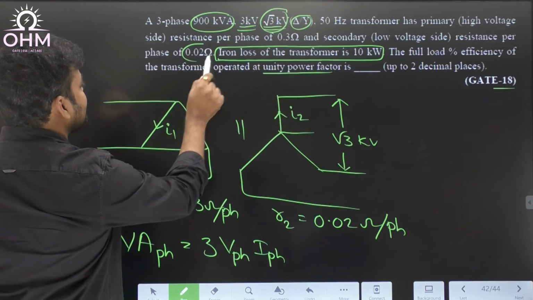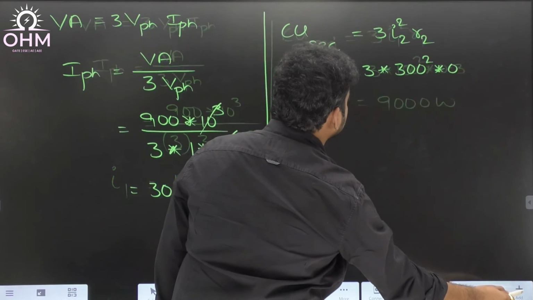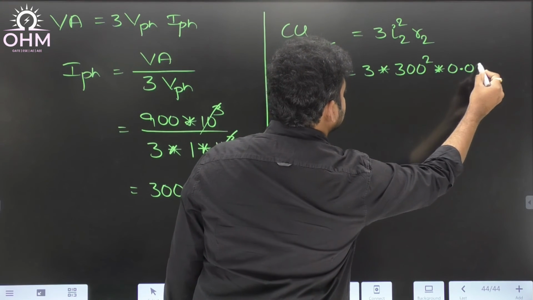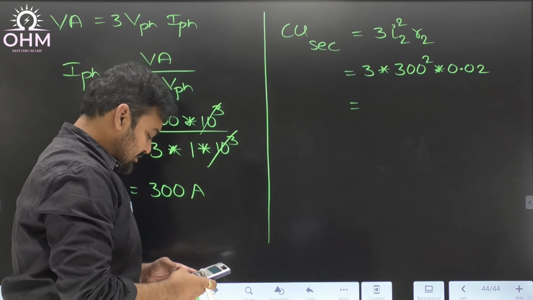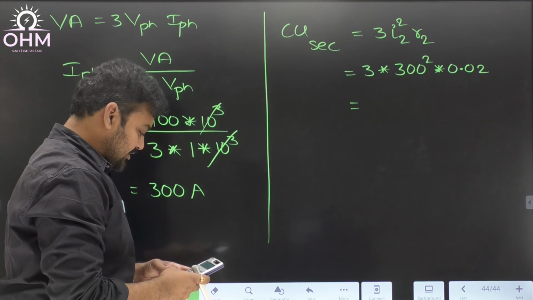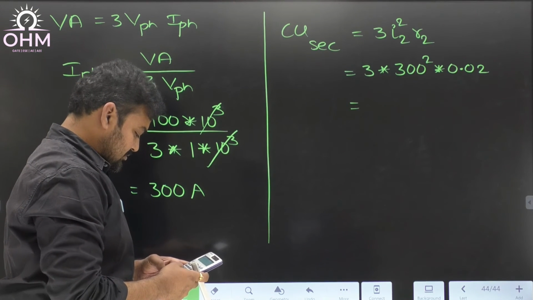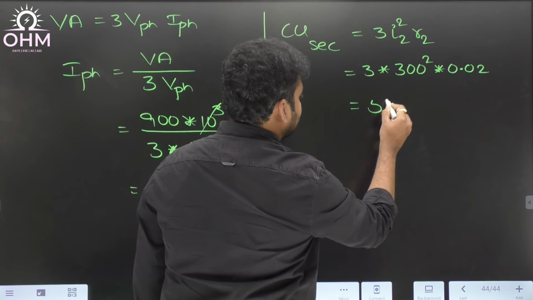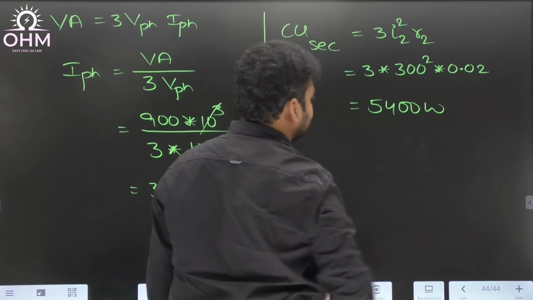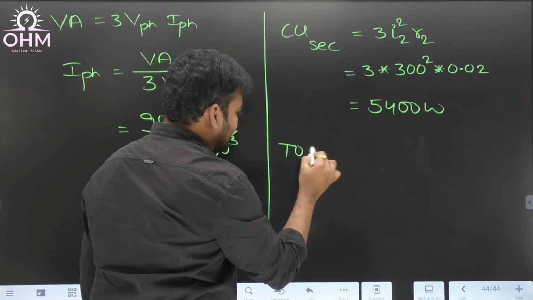Secondary side resistance 0.02, right? Just to solve this, 3 into 300 square into 0.02. So I am getting 5400 watt.